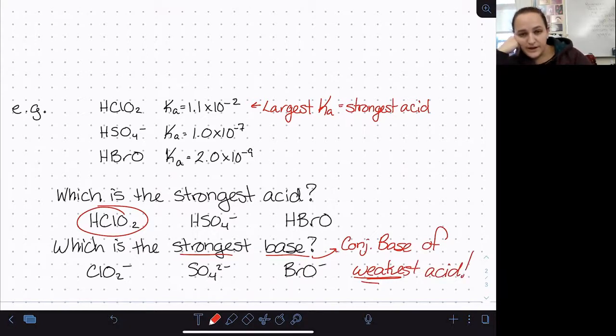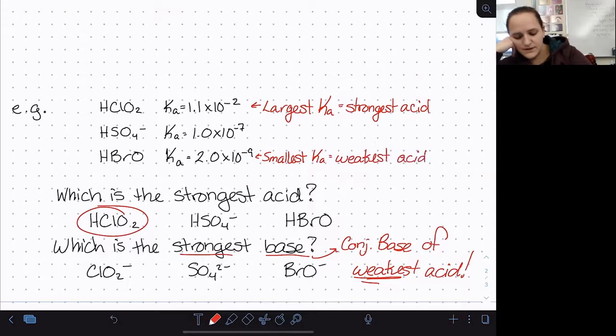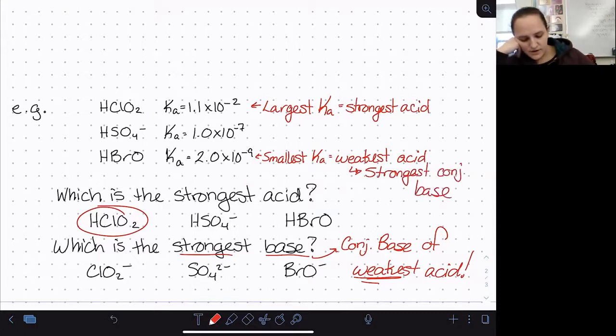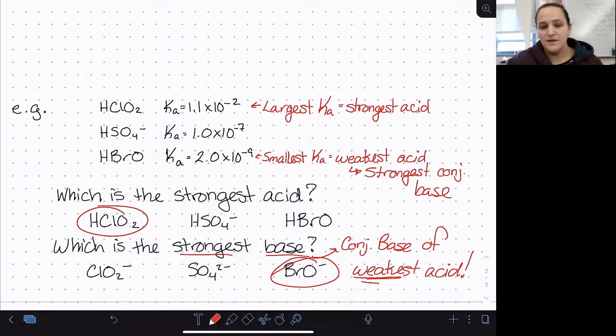The weakest acid is going to be the one with the smallest Ka. Smallest Ka, weakest acid. Weakest acid means it's going to have the strongest conjugate base. So the conjugate base of HBrO is BrO minus, so that would be the strongest base of the options listed.